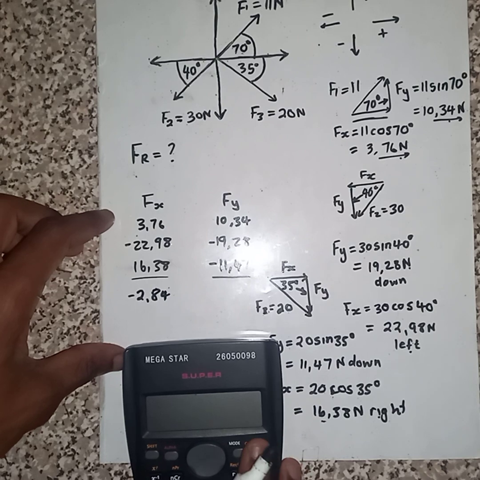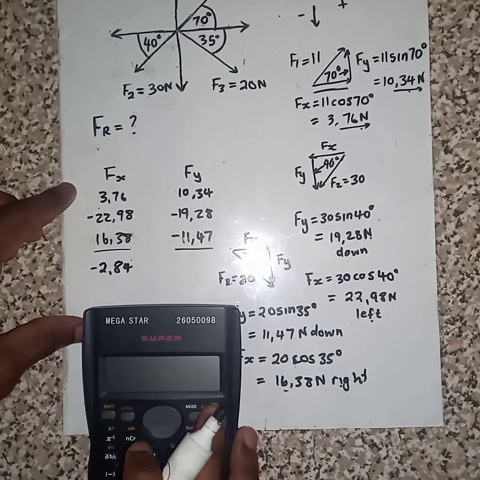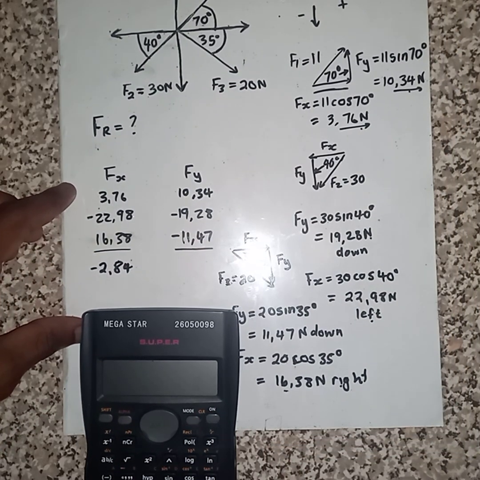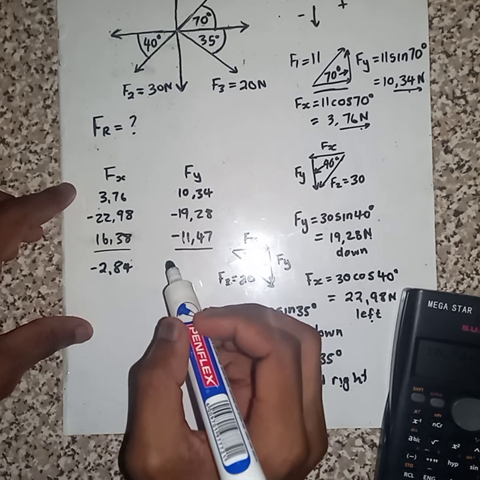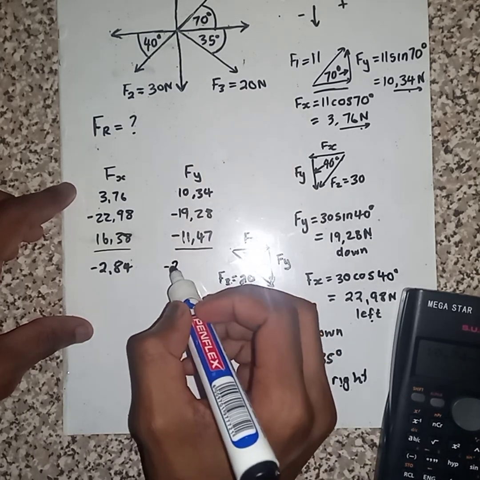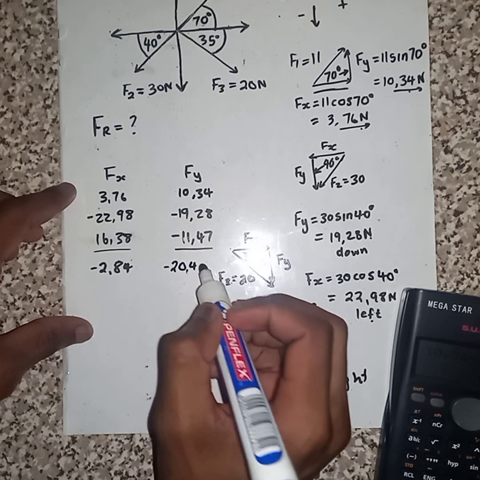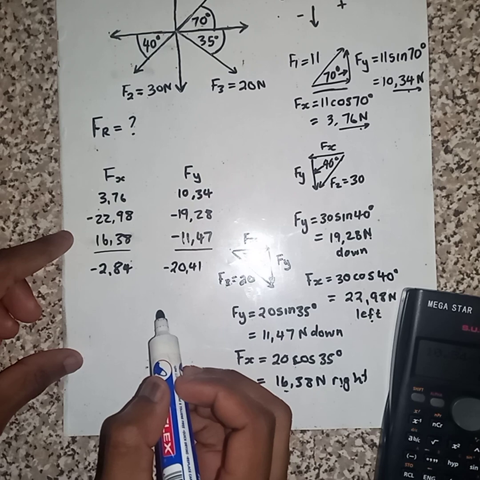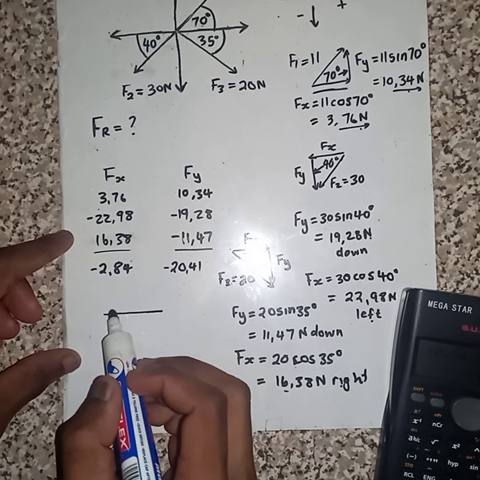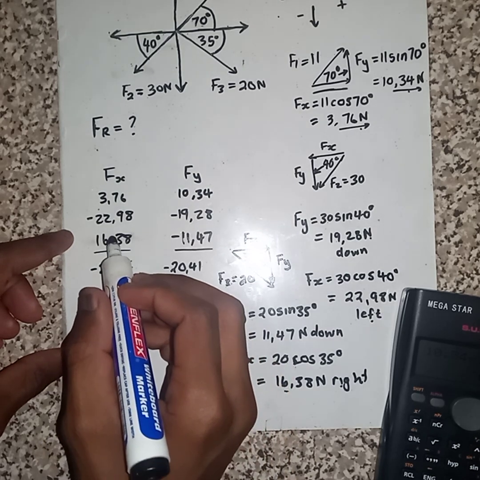As for our y, going to say 10,34 minus 19,28 minus 11,47. We get negative 20,41.